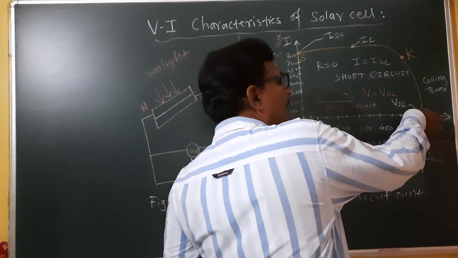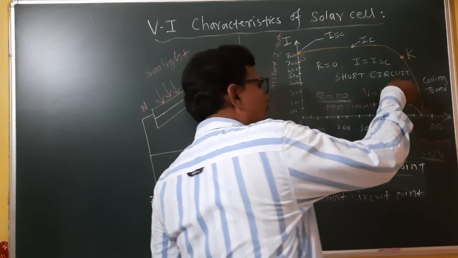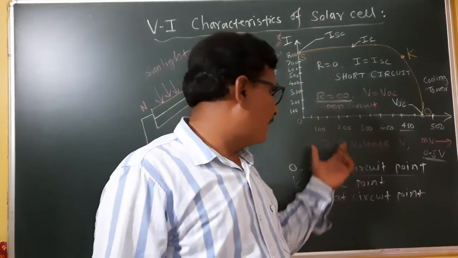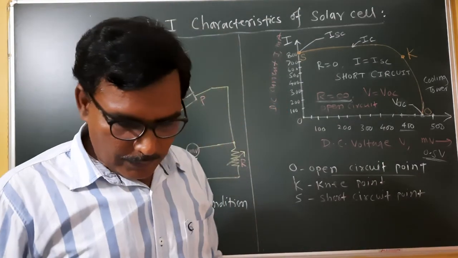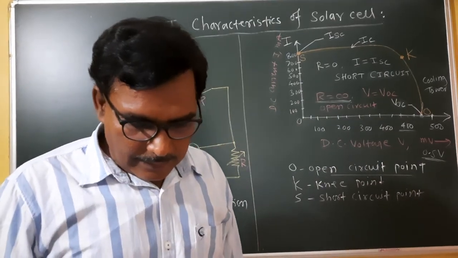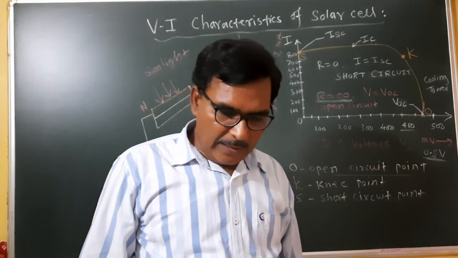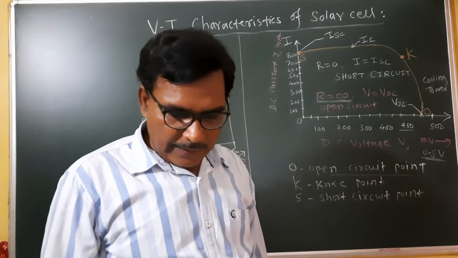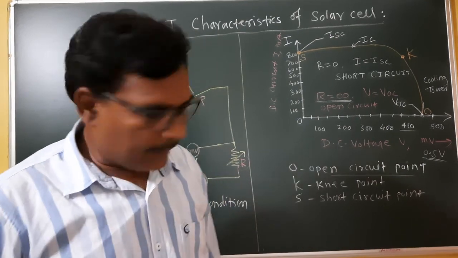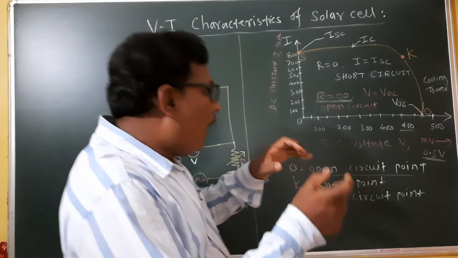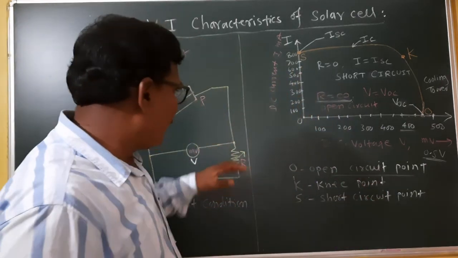As R goes on reducing, we observe the graph and how the DC voltage changes. If the external resistance is reduced and the terminal voltage V and the load current I are taken, we get the VI characteristics. We measure first of all as the resistance goes on reducing.